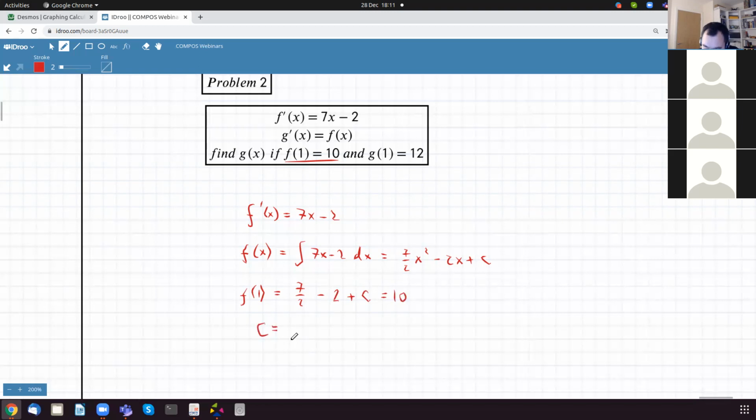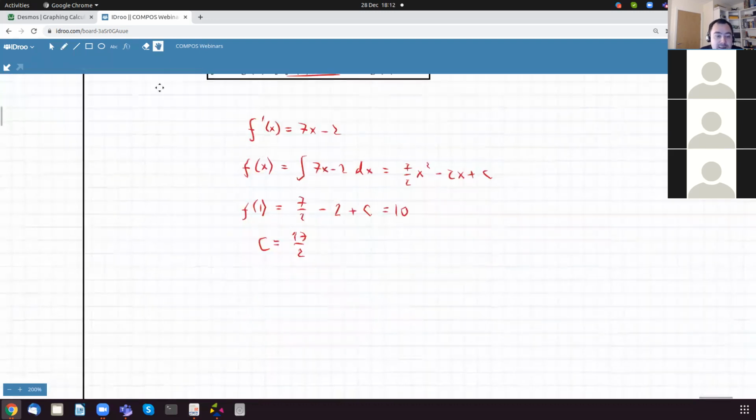C is 12 minus 7 over 2, so 24 over 2 minus 7 over 2, 17 over 2.